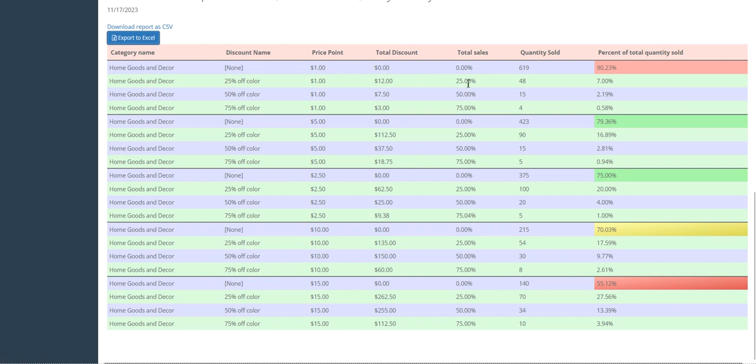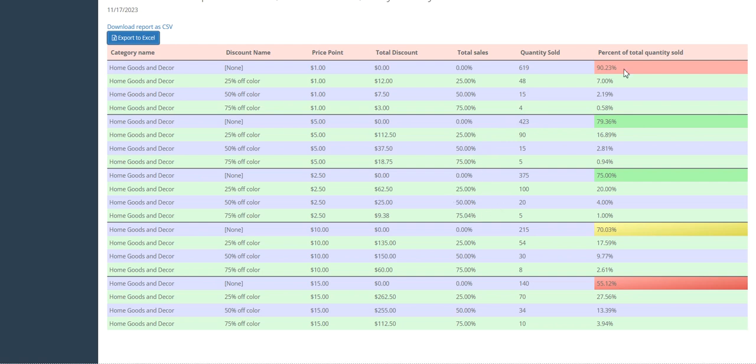The second row is items that sold at 25% off that were priced for $1. Our third row is dollar items that sold at 50% off, and the fourth row is our dollar items that sold at 75% off. We can see the total quantities of items sold within this price point at each discount level, and then similar information for our $5 items, $2.50 items, and so on and so forth.